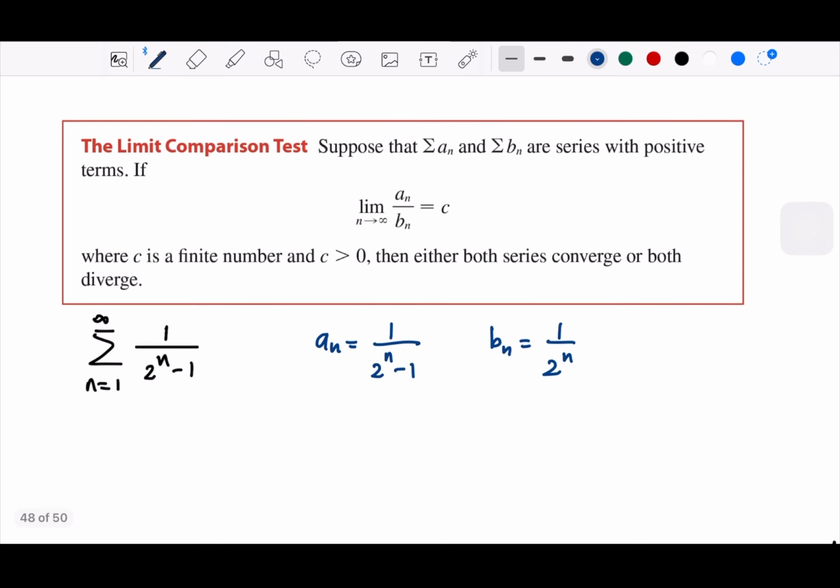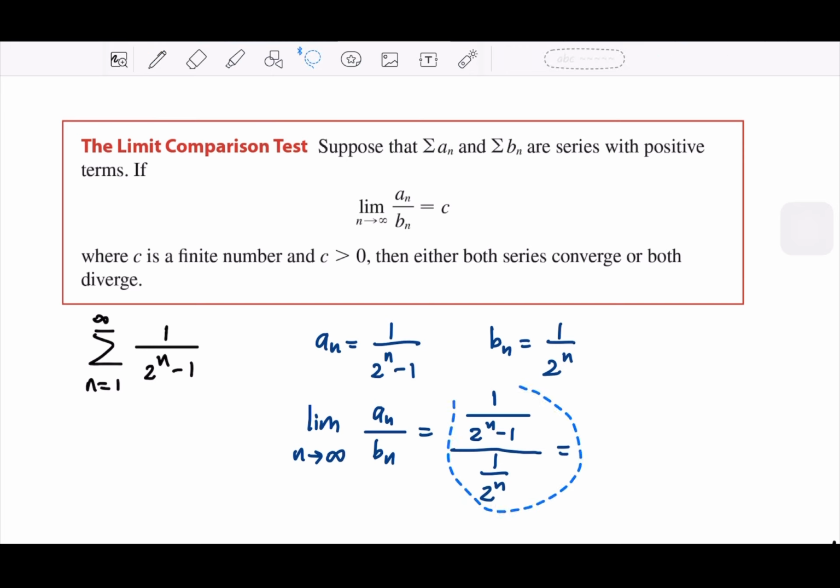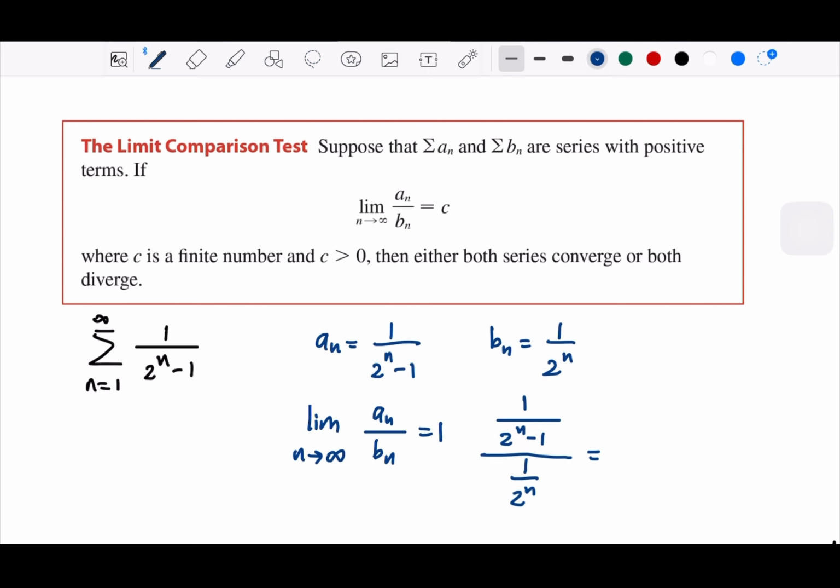Now we take the limit. With the limit comparison test, we take an over bn, which is 1 over 2 to the power of n minus 1, over 1 over 2 to the power of n. Oh, I forgot the limit, sorry. We need to write the limit here as well. So this is the limit of 2 to the power of n over 2 to the power of n minus 1.